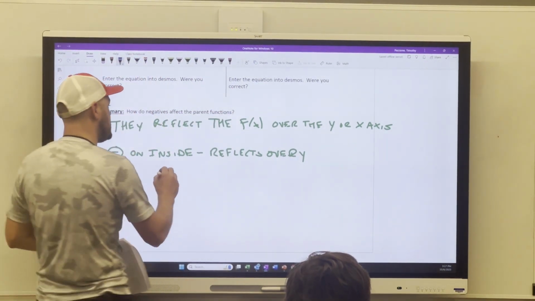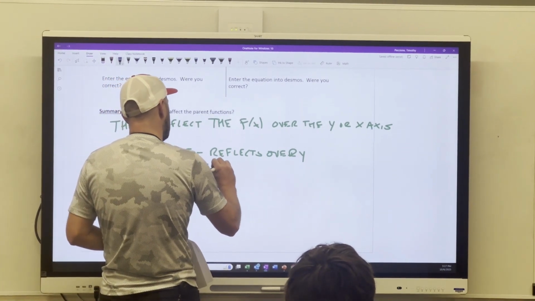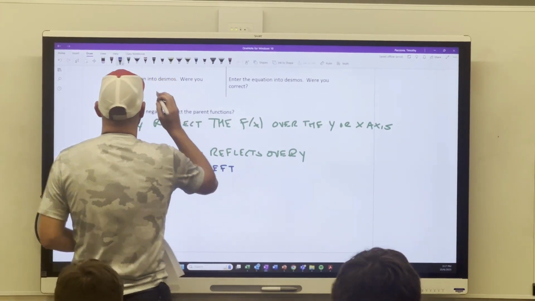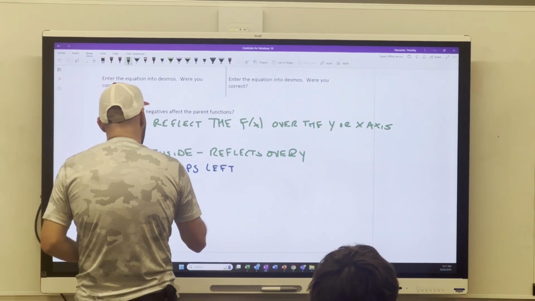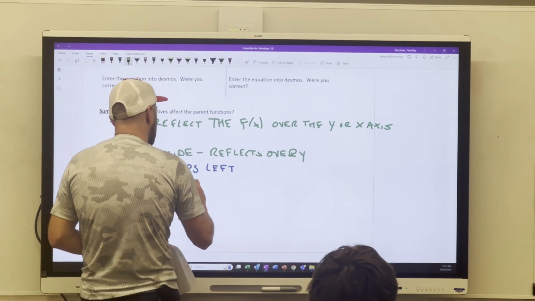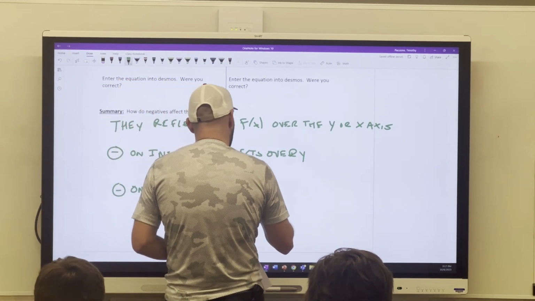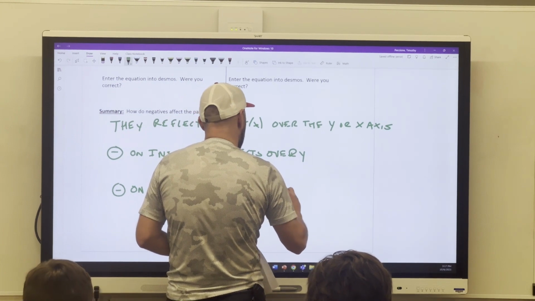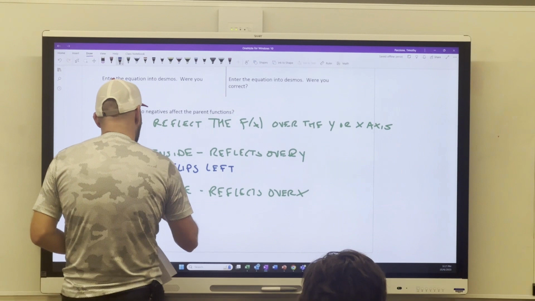And you just say it flips left, you showed me you know what's going on, right? A negative on the outside reflects over what? The x. Over the x, and that flips down.